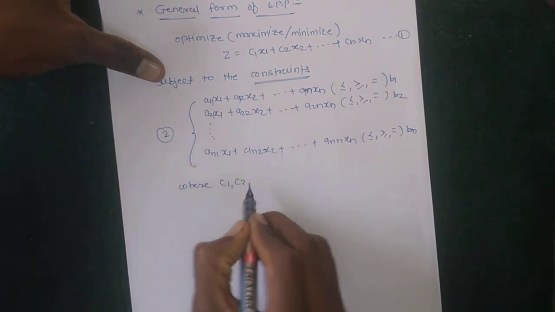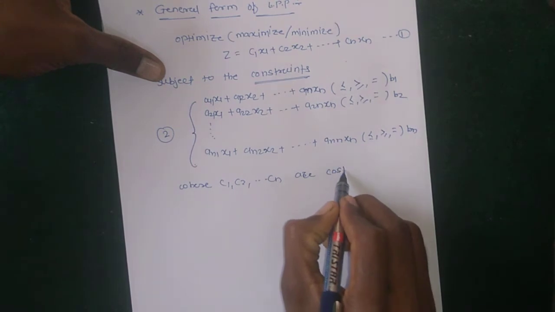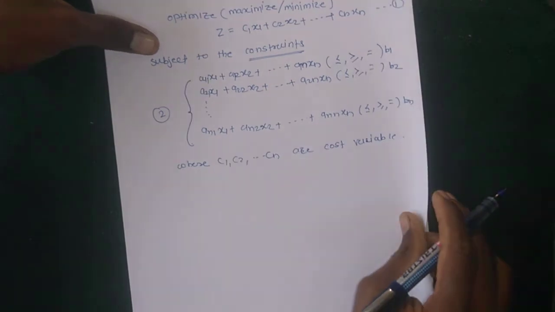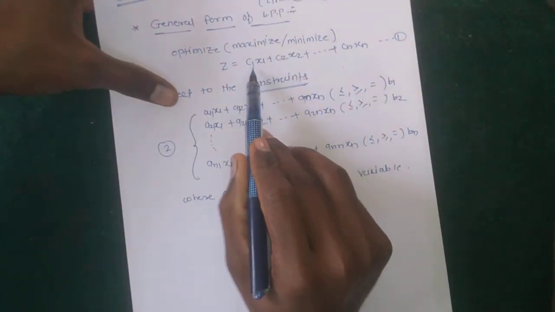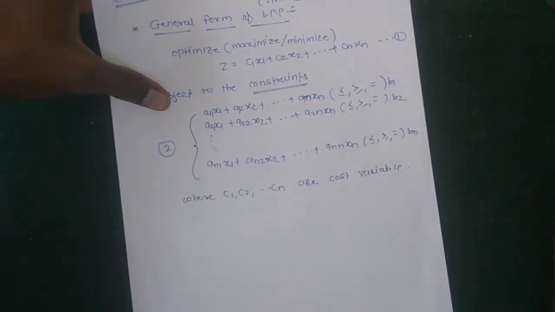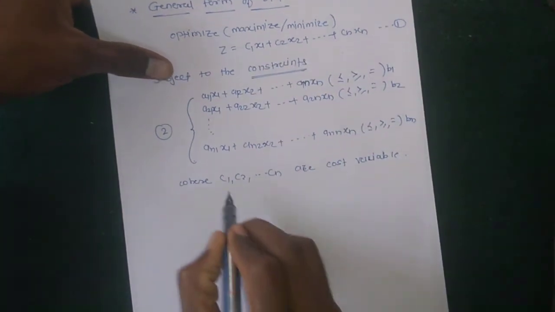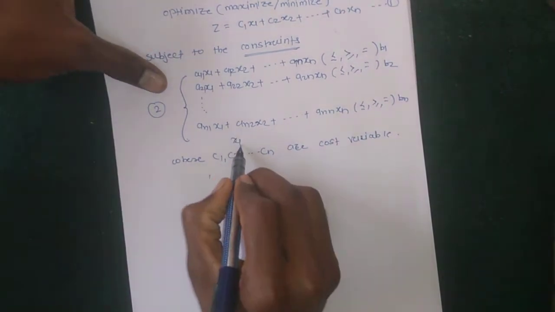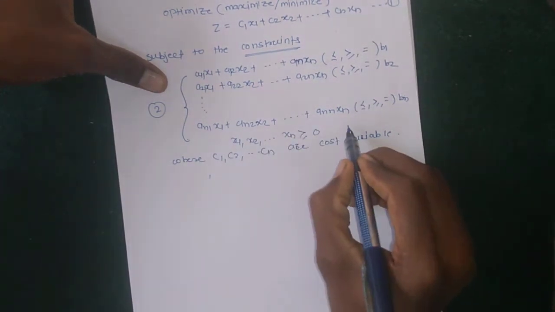Here c1, c2 and so on are the cost variables, the cost per unit. They are the coefficients of x1, x2 and so on in the optimal equation. The remaining condition is that x1, x2 up to xn are all greater than or equal to 0.